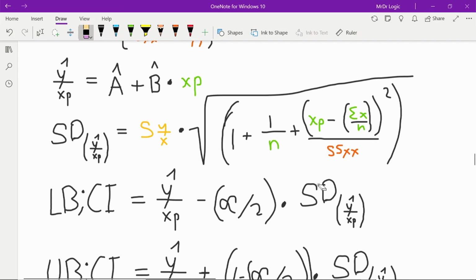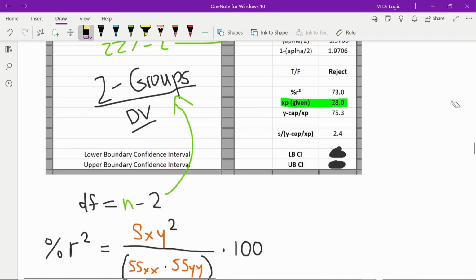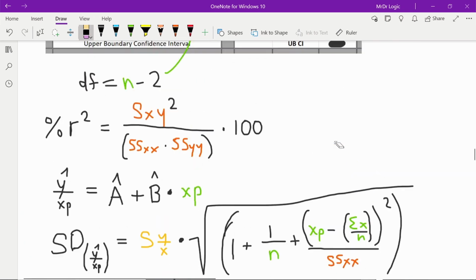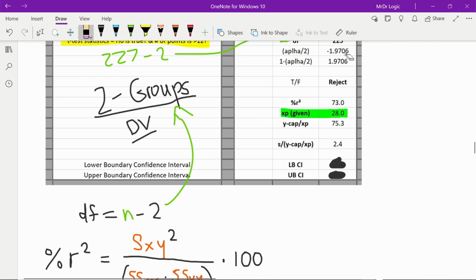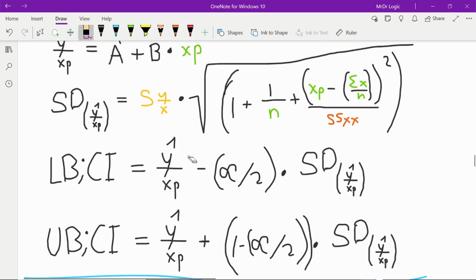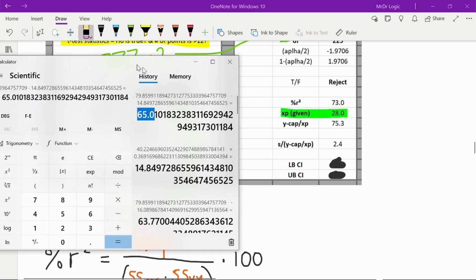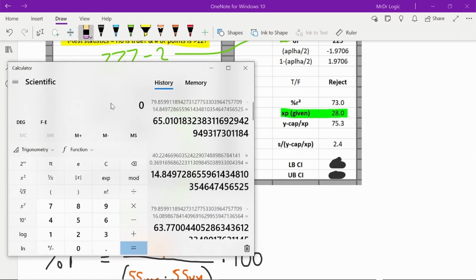And then lower boundary in confidence interval is the alpha, so it's pretty much this times this 2.4, minus the XP. So you should be getting, if I'm doing this correctly in my head, hang on, we're just going to use the calculator because I don't have to do any Control-C, Control-V.